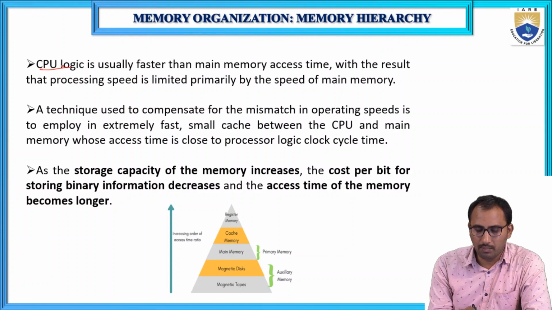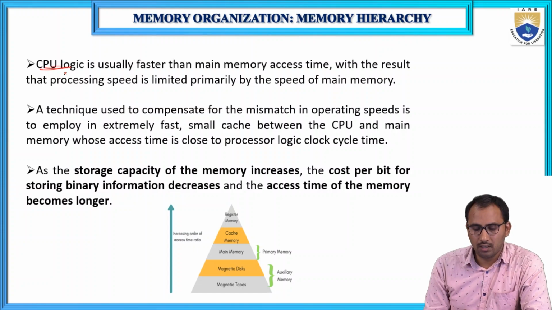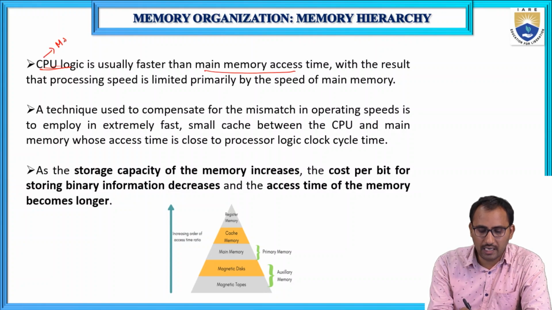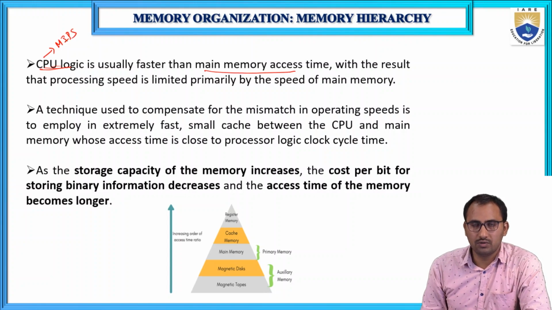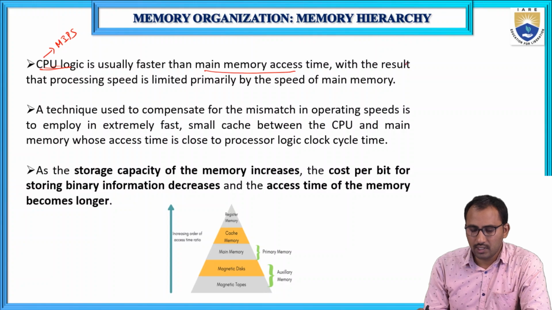We already know the CPU speed is more than the main memory; the CPU can execute millions of instructions per second, which is very high speed compared with the main memory. With the result that processing speed is limited primarily by the speed of main memory. So a technique used to compensate for the mismatch in operating speeds is to employ an extremely fast, small cache between the CPU and the main memory.